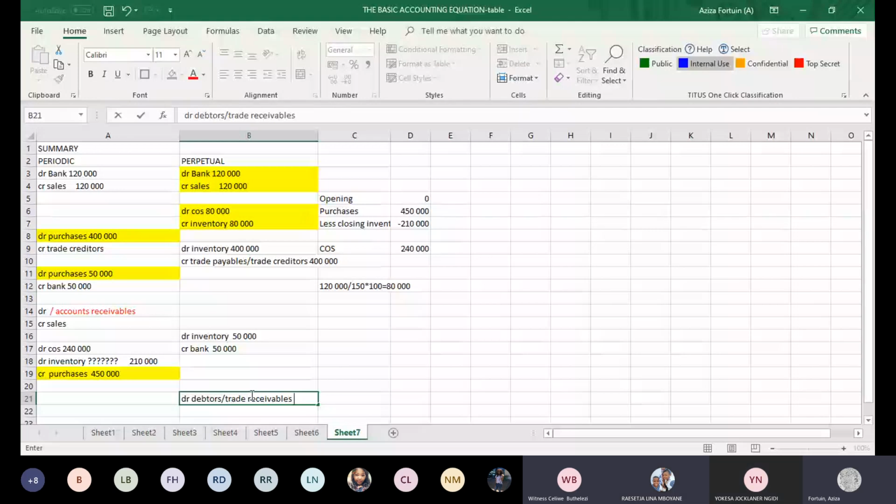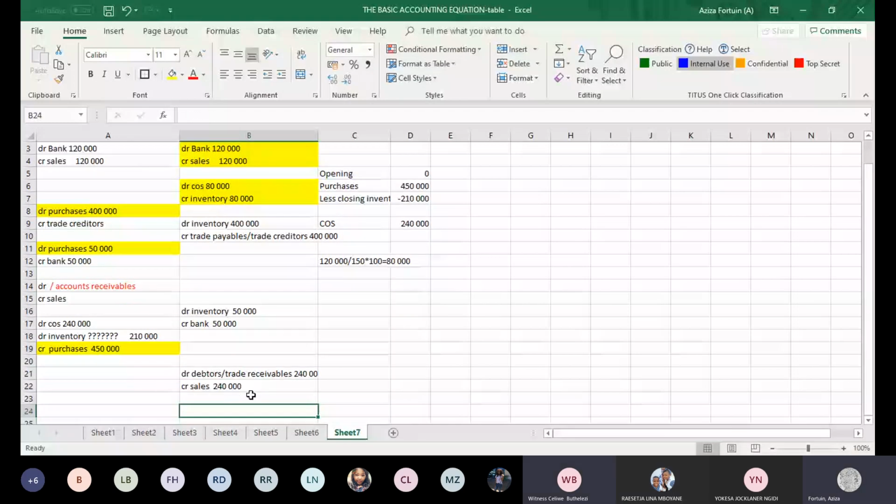And how much? I think cost of sales is involved here. Okay. So we're going to credit sales. So how do we calculate the cost of sales? I'm not sure how we calculate it, but I think for cost of sales we're going to debit it and credit inventory, the other 2 accounts that are involved. But how do you calculate it? You work it out. We did it in the first example.